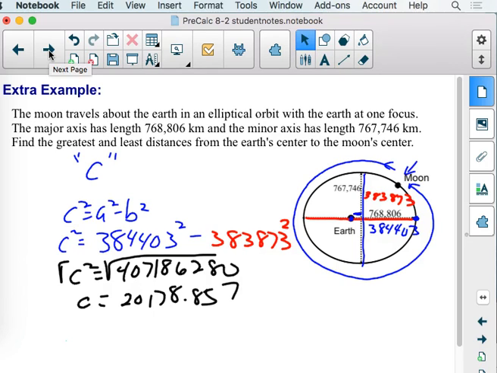There's c. What are we going to do with it again? Yeah, we got to add that to this 3,844,003 so we can see where that greatest distance is.